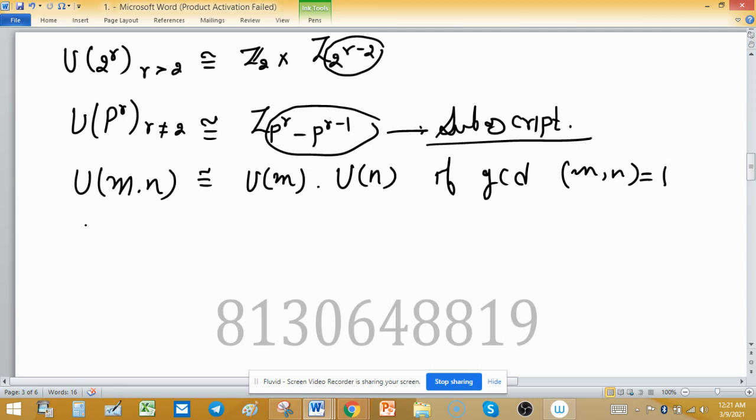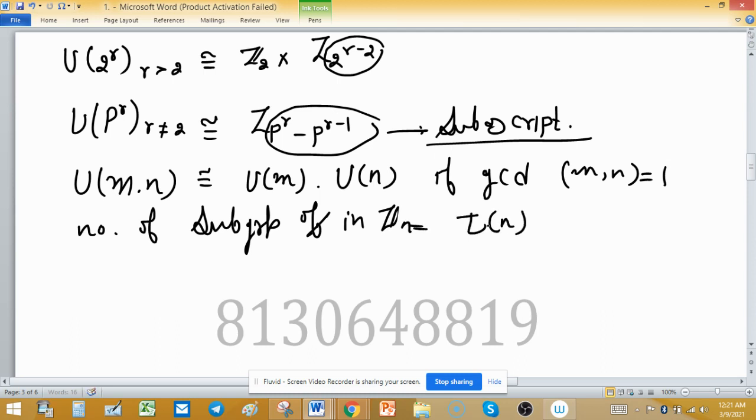The number of subgroups in Z_n is equal to tau(n), the number of divisors of n.